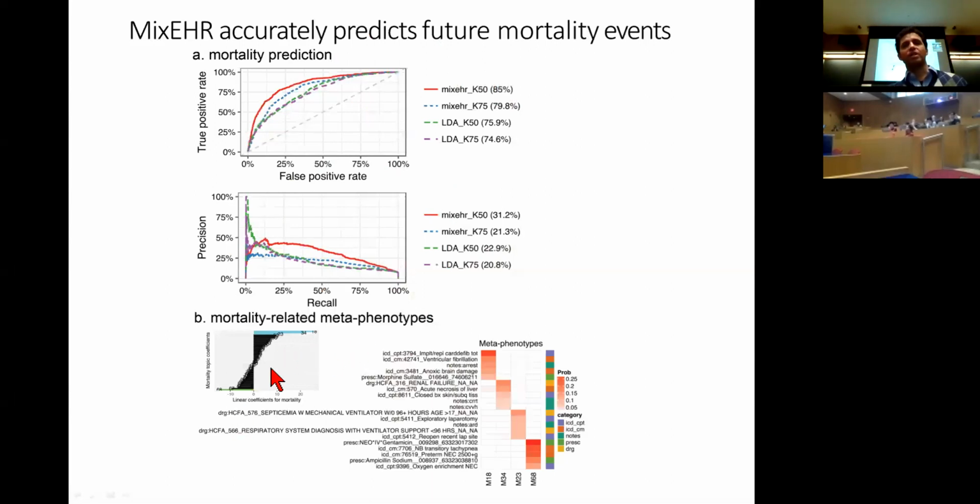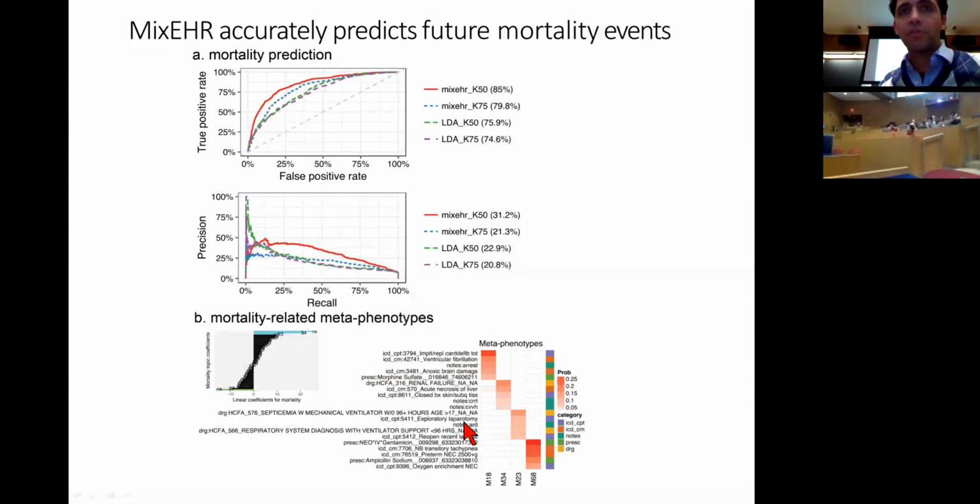And you can also ask what are the terms that are the most predictive of mortality. You can basically see that if you have ventricular fibrillation, for example, or cardiac arrest at the last visits, or anoxic brain damage, and so on and so forth, you're in pretty bad shape for making it through your next visit, or renal failure, acute necrosis of liver, and so on.